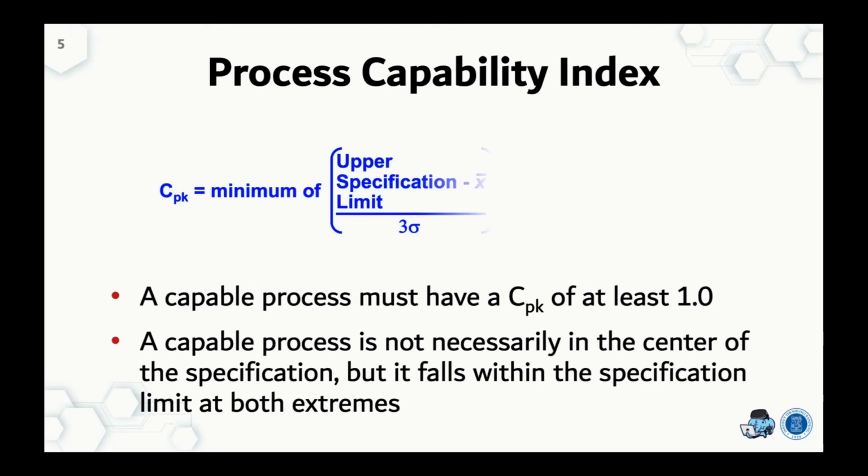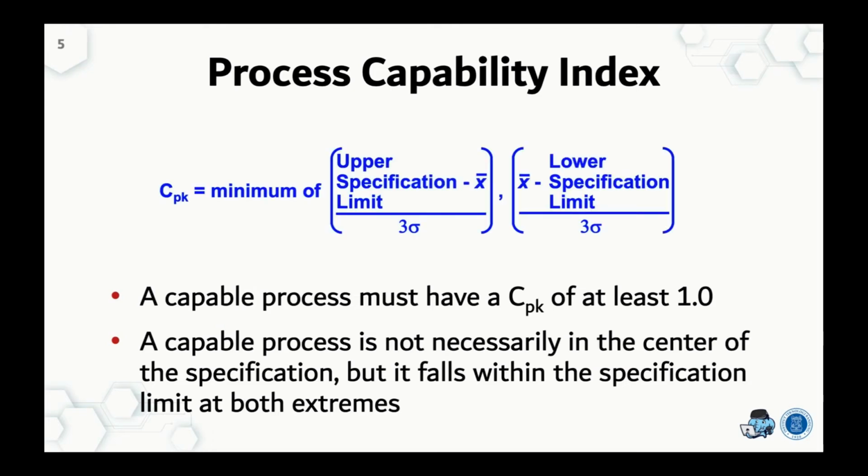As we already discussed, the capability ratio cannot show whether the process is in the center of the specification or not. One measure that is able to do that is the capability index, or Cpk. This is the formula for the Cpk, which is the minimum of the upper specification minus X bar divided by 3 sigma, or X bar minus the lower specification limit divided by 3 sigma.